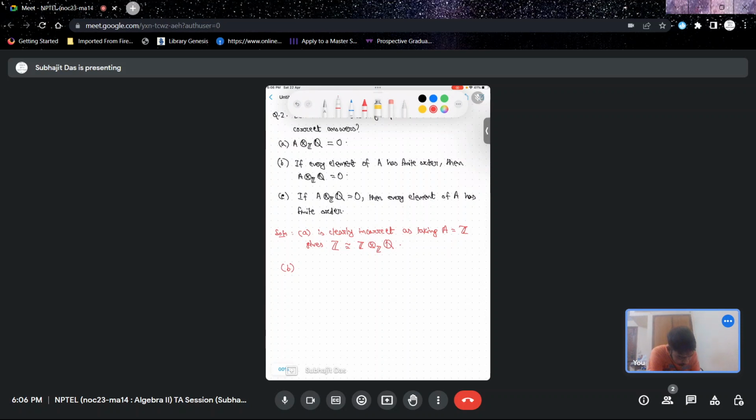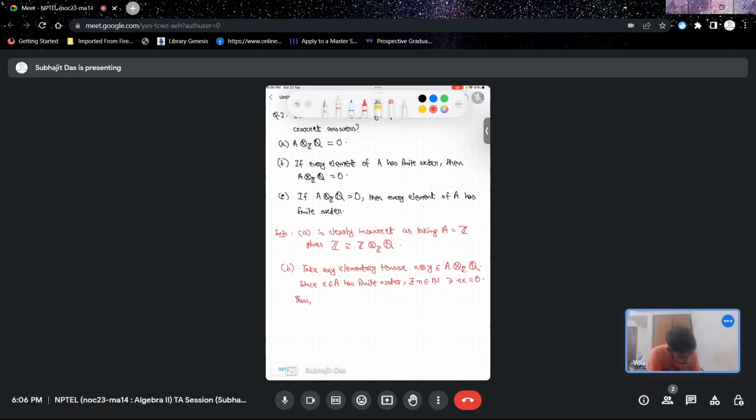So take any elementary tensor x tensored with, let's say, y in A tensored over Z with Q. Since x in A has finite order, there exists some n in the natural numbers such that nx is 0.